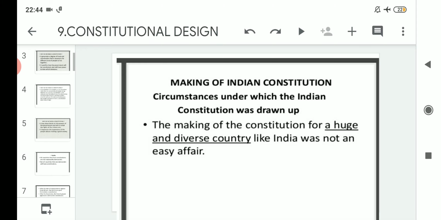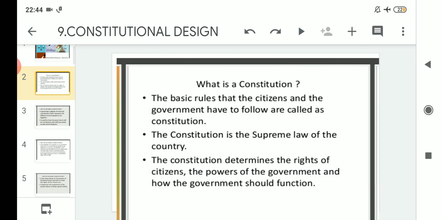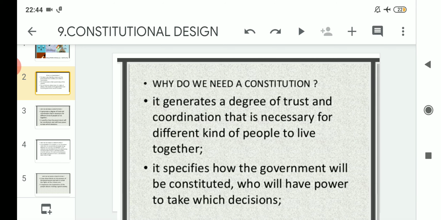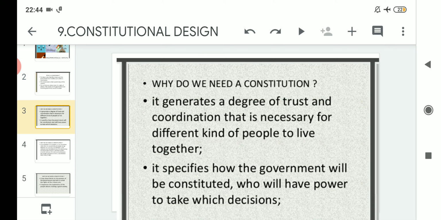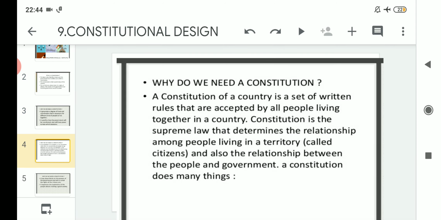So in today's class, we read about what a constitution is. After that, why do we need a constitution? Then we read about what a constitution is in a detailed version, that it is a set of written rules because it is in written form.